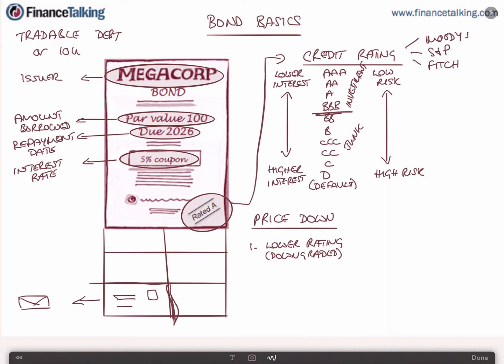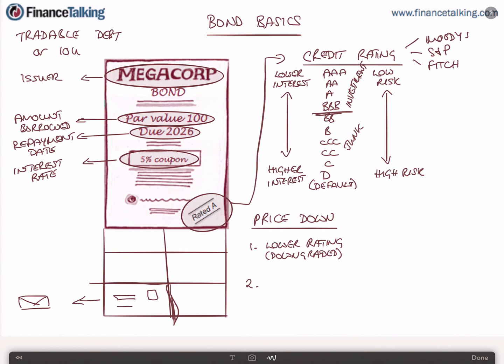So in this case, if our bond was downgraded from single A, which is a really strong rating, to double B, let's say, which is quite a big downgrade, then investors would be expecting significantly more interest in order to compensate them for the risk they're taking. So the original investor in this bond would be highly unlikely to be able to sell the bond for 100. People just won't be prepared to pay that much, and so the bond price will fall.